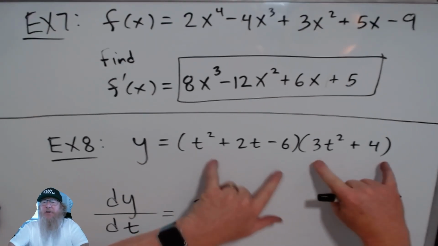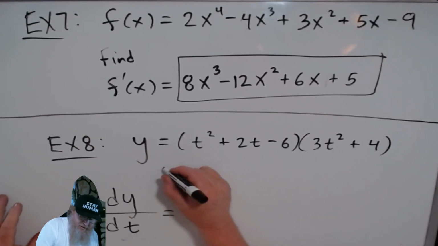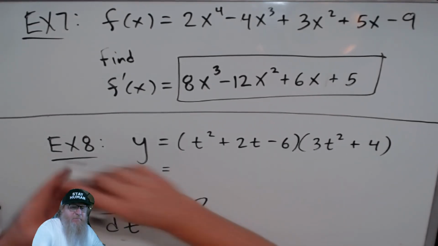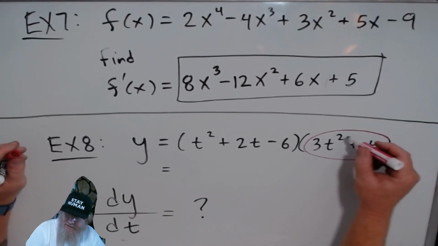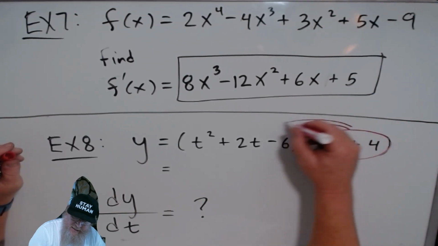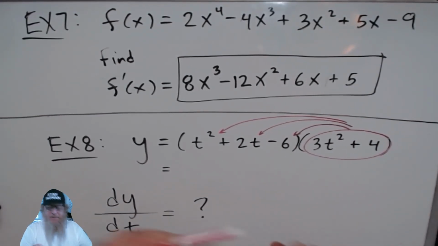And I have to first get rid of the parentheses. So the first thing I'm going to do is multiply all of this times each one of these factors.